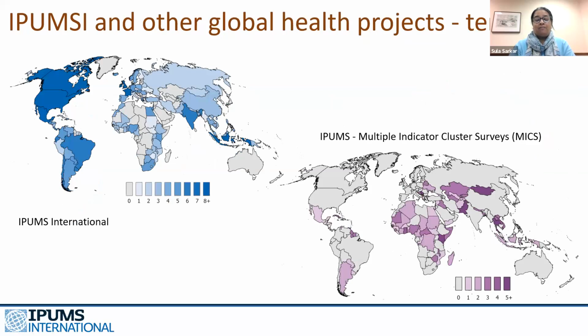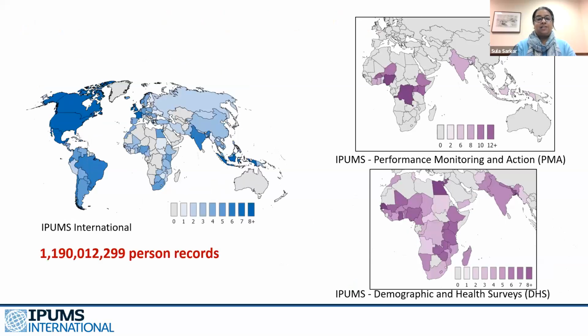You also have the number of censuses, the temporal extent. Like here for Indonesia, we have more than 8 censuses, so it is with the darkest color of blue in IPUMS International. And then you can also see the temporal overlap and the number of surveys that are there for the mixed surveys. The same here for PMA and DHS.